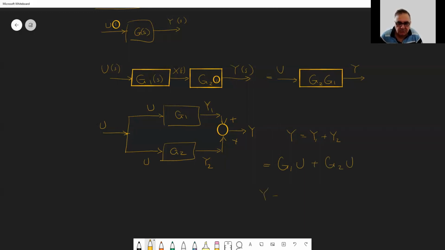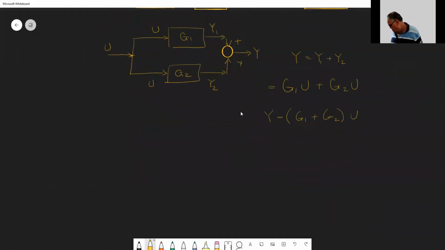So y is equal to g1 plus g2 times u. Okay, so the block diagram algebra represents systems like this.